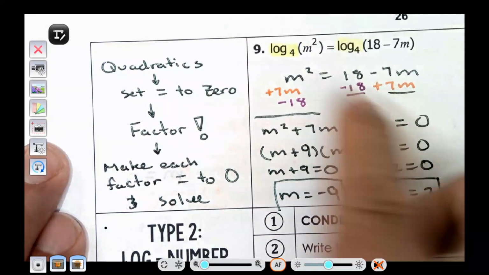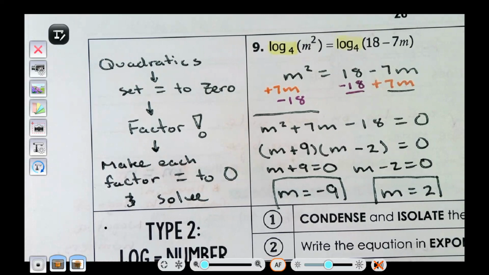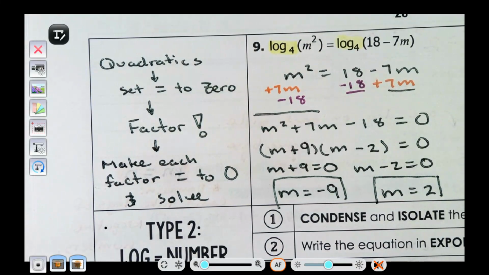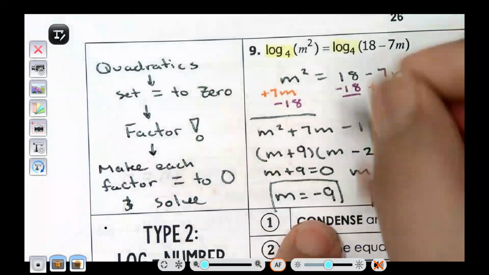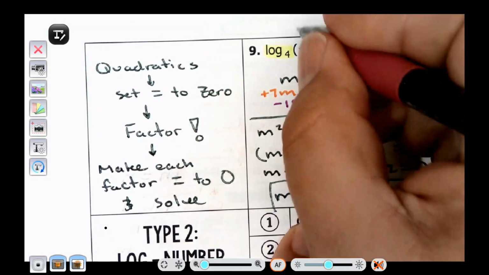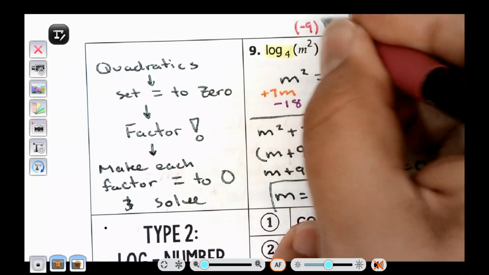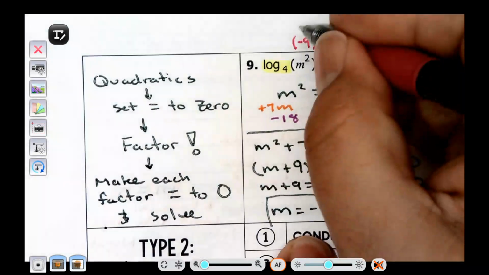But the original question had a log in it. We're going to have to check our numbers and make sure they work. All right, so remember, my only concern is I don't want a negative. So I'm going to start with that negative 9. Negative 9 squared is positive 81. Remember, when you're doing the math, you're going like this, in a parentheses. So yeah, that's positive.